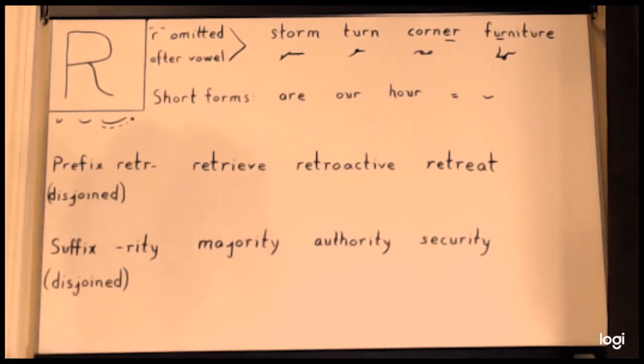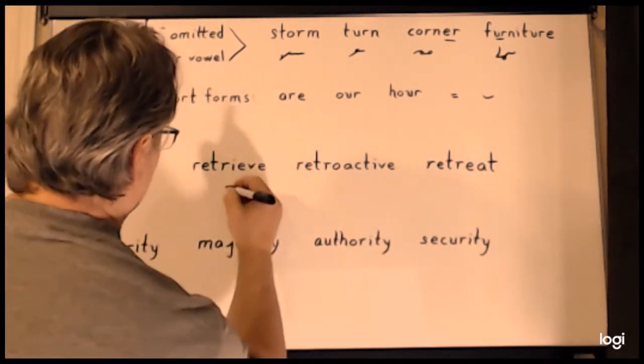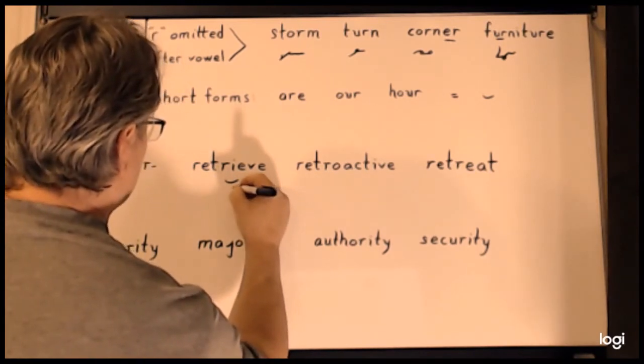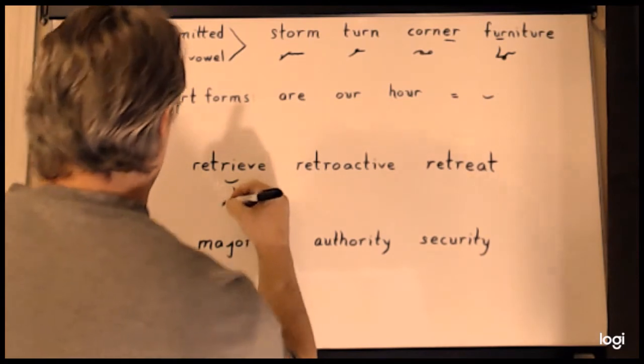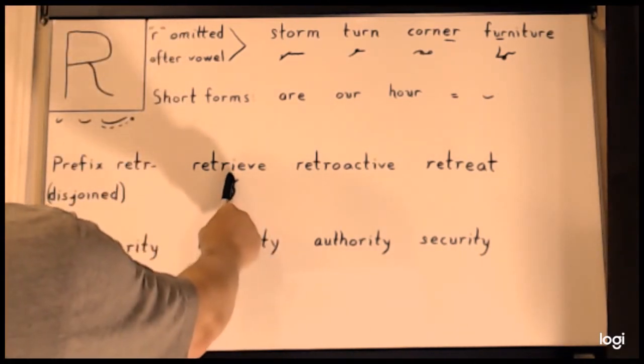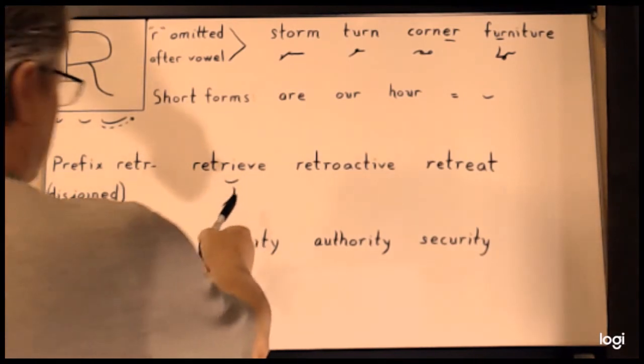The R can also stand for a disjoined prefix and disjoined suffix. The prefix being RETR, written in words like retrieve, which will have the R, and then disjoined V. Now, when using this prefix, the vowel is understood that comes next with the consonant.